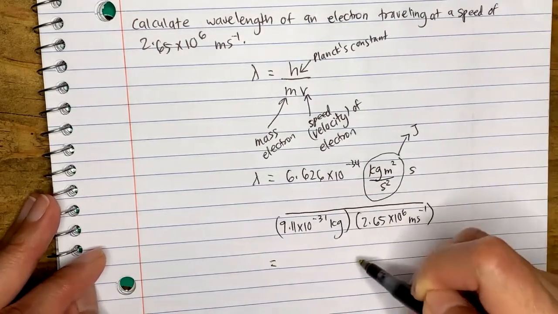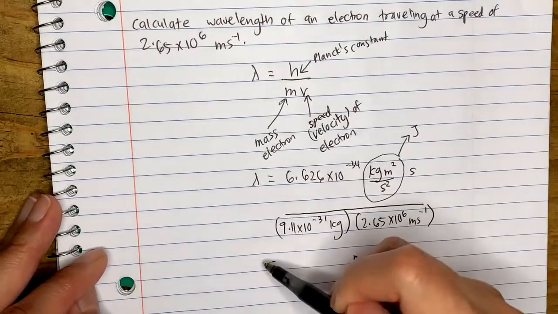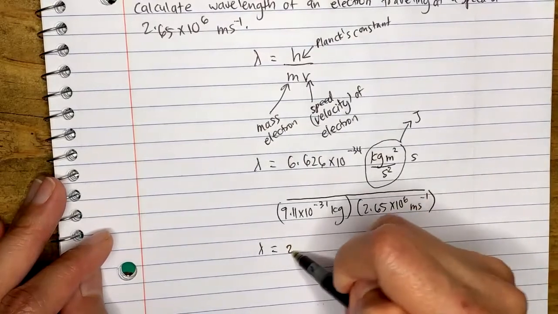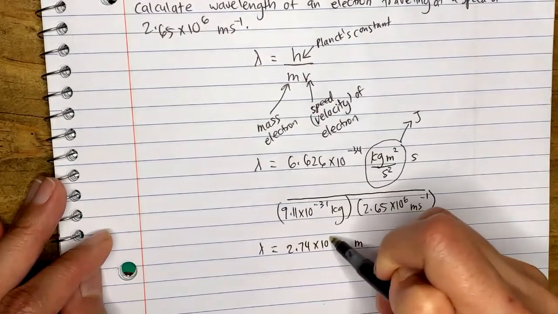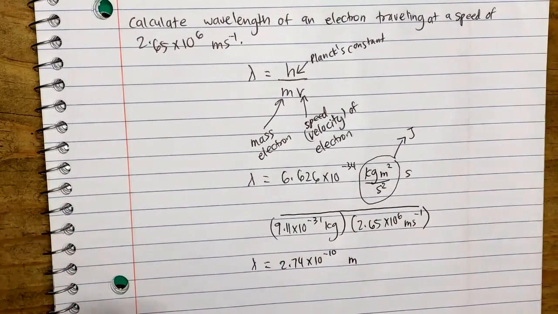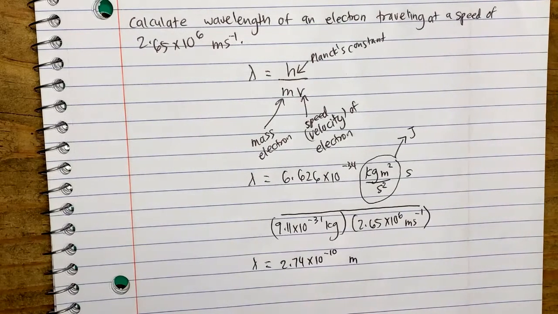So all you have left is units of meters. And that is 2.74 times 10 to the minus 10 meters. You can report it in the nanometer range too, but you can even go smaller. So this is a really, really small wavelength. So that's it for the calculation of the wavelength of an electron.